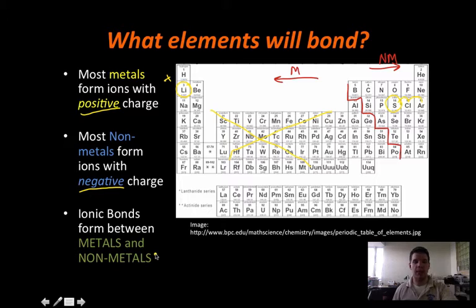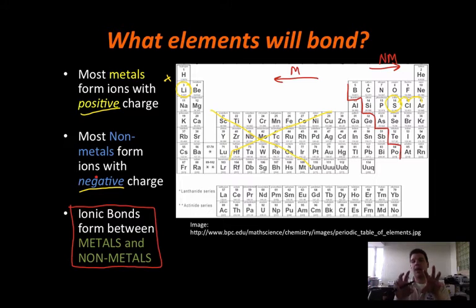So the rule that we come up with for determining ionic bonds is that ionic bonds come from a metal and a nonmetal ion that come together. If I'm looking at a given compound's formula, I would say, oh, this has a metal and a nonmetal in it, that's an ionic bond, because we can predict those charges will be opposites. So ionic bonds form between metals and nonmetals.